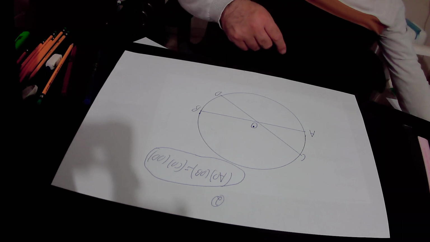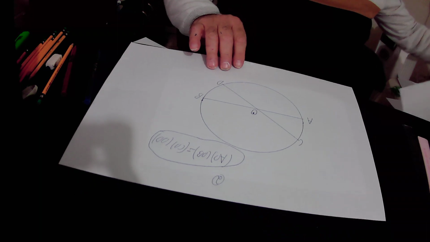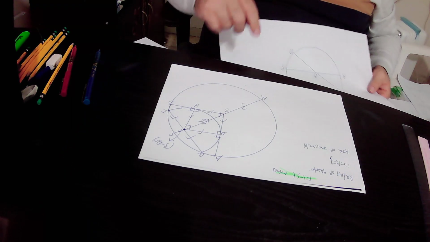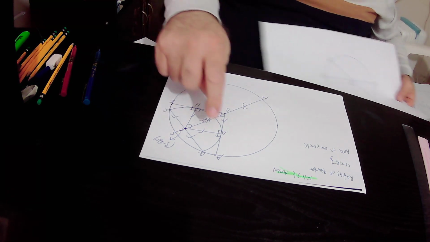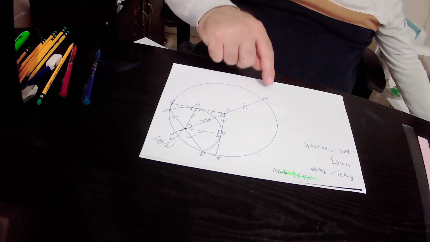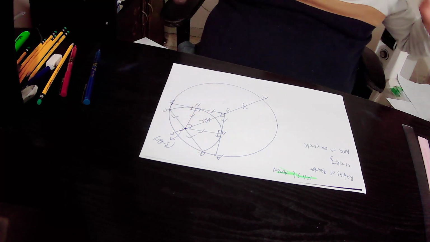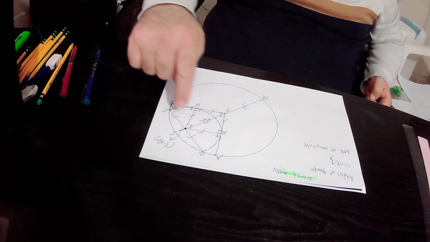We can implement this rule in our drawing, because in our drawing we have chord MS and chord GF. Chord MS intersects with chord GF at point C. Point C is the intersection point of chord MS with chord GF.